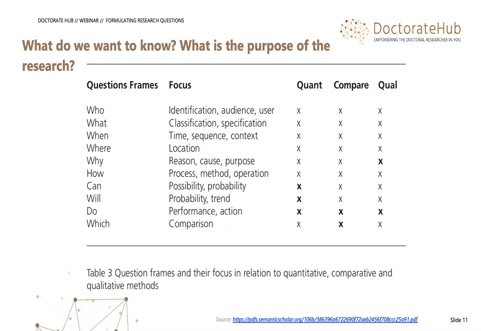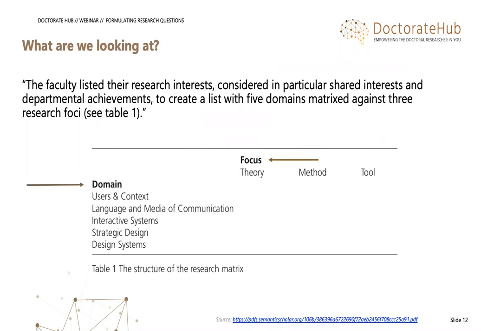And depending on the research focus, the one or the other qualifies more or less. The why question is, for example, a very typical and traditional question for qualitative research, when you look into reasons, causality, or purpose, while there are other questions like can, will, do, which are very much inherent to quantitative research.